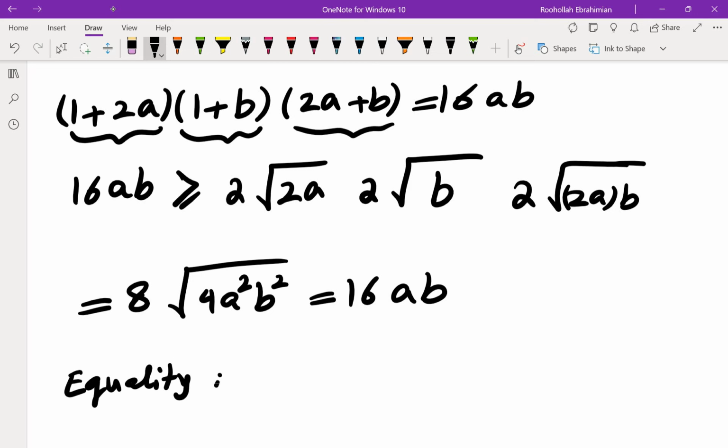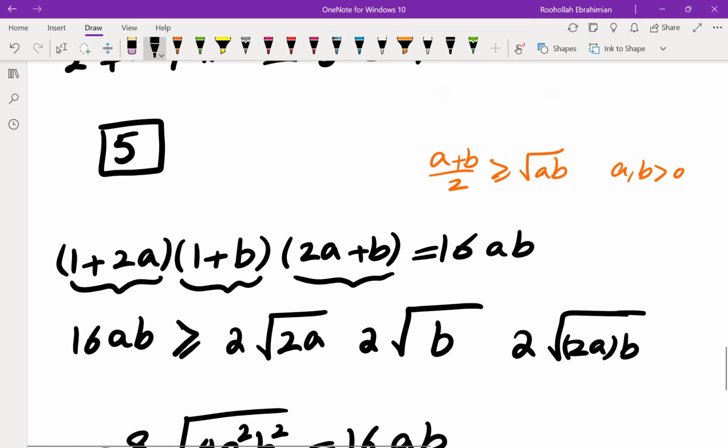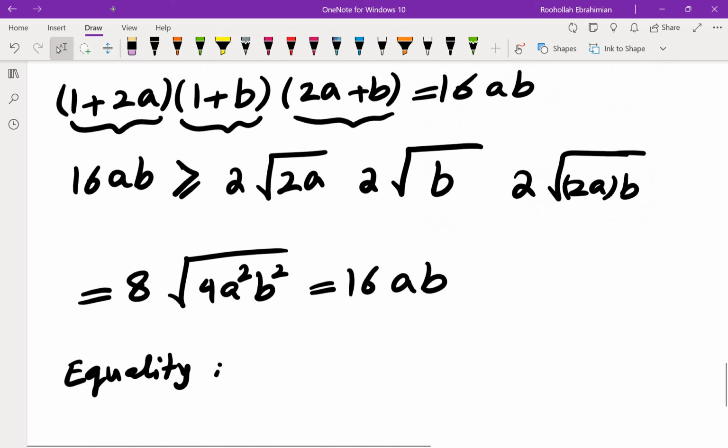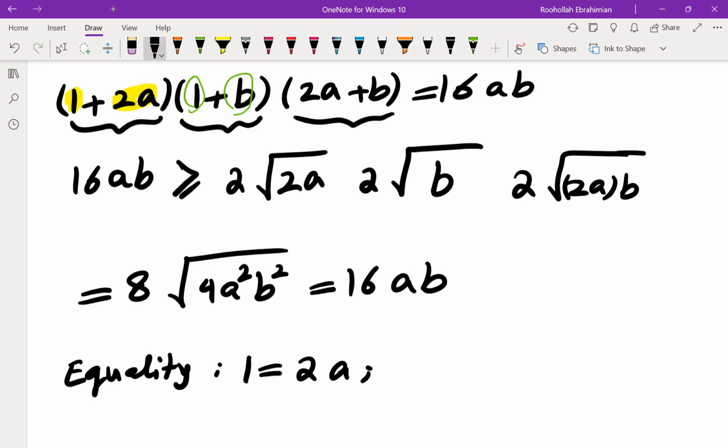So when does the equality happen in AM-GM? Equality happens when the two numbers are the same. So root ab is the same as (a + b)/2 if and only if a and b are the same. We used AM-GM for 1 and 2a: equality happens when 1 equals 2a. We also used it for 1 and b: equality happens when 1 equals b.